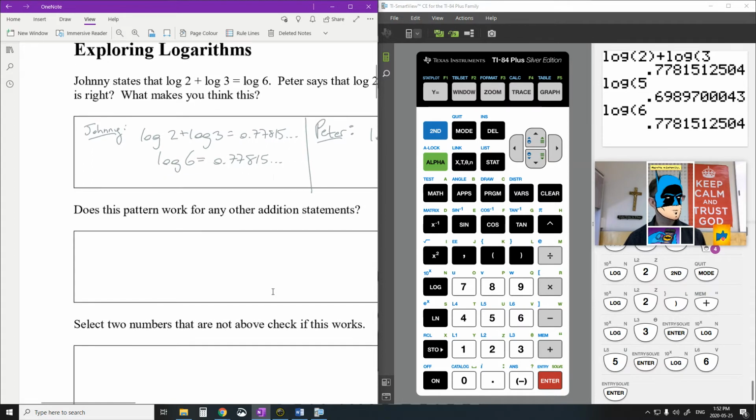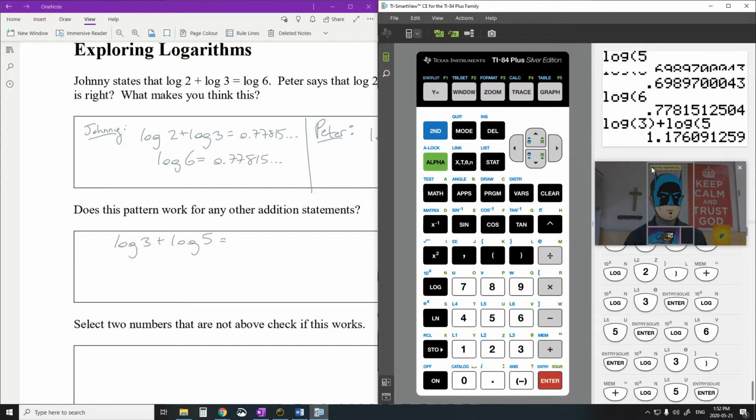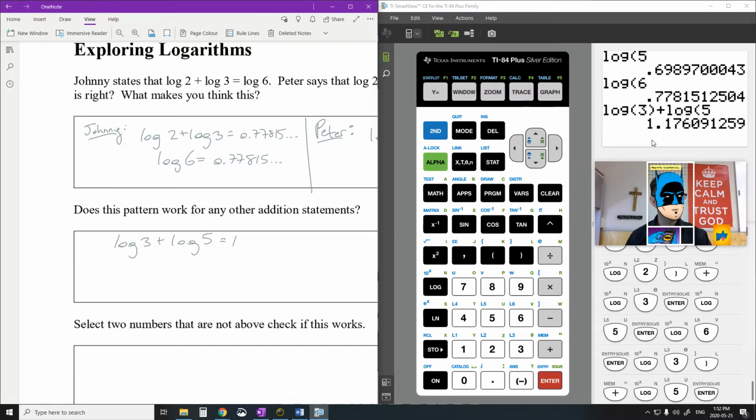Does this pattern work for other addition statements? Let's double check. What if I want log 3 plus log 5? There's that number, 1.176.